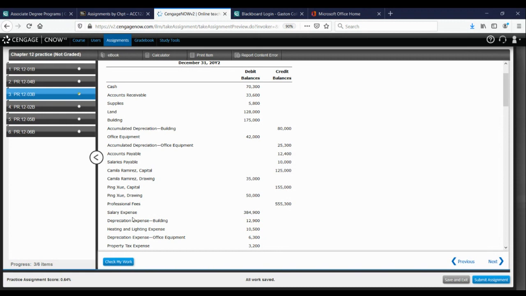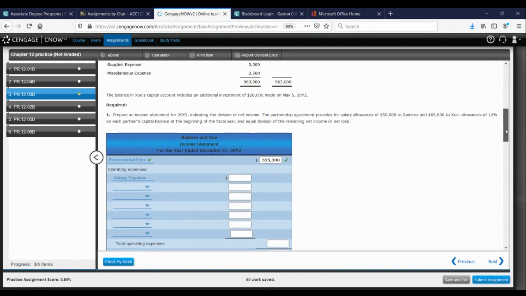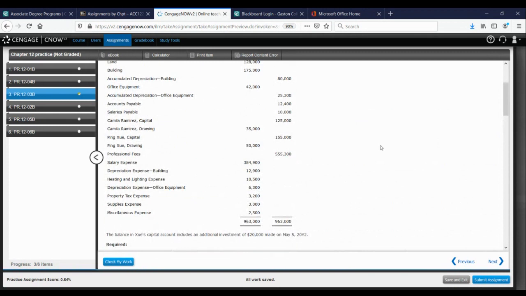Right underneath the professional fees is your salary expense. That would be listed under your operating expenses. So salary expense goes next. And the amount according to the trial balance was $384,900.